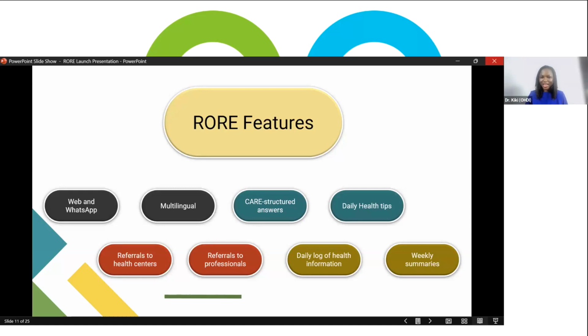In some LMICs, I don't want to mention which, many times we complain a lot about the attitude of health professionals. So we are very much in line with ensuring that that's not happening here. We always want to make sure that the responses have empathy and very clear guidance in providing answers to your questions.